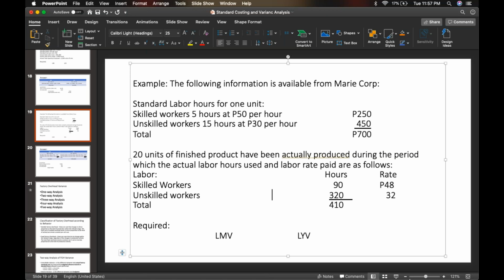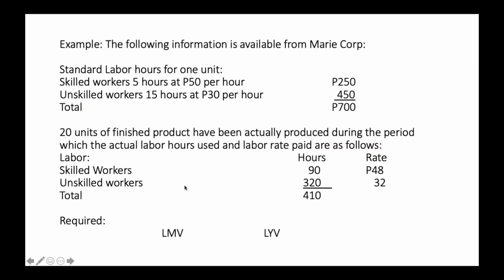Kindly correct also the copy in your book. So this is unskilled workers. The actual hours consumed is 320 at a rate of 32.